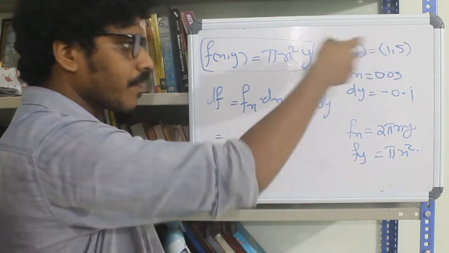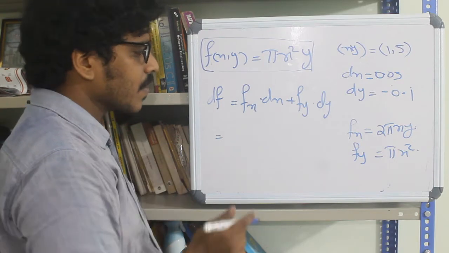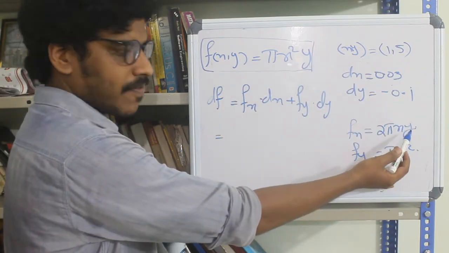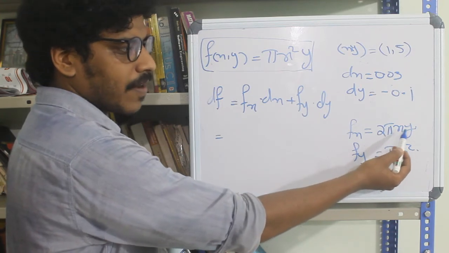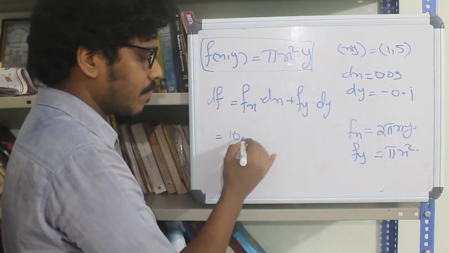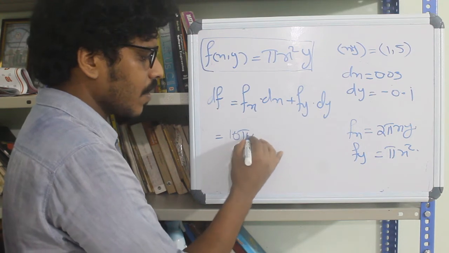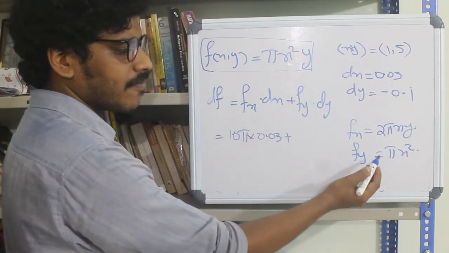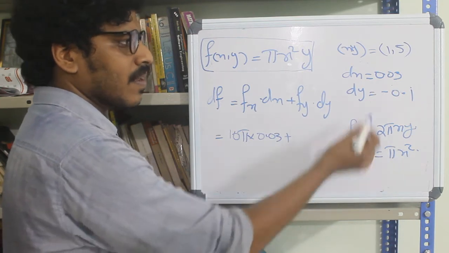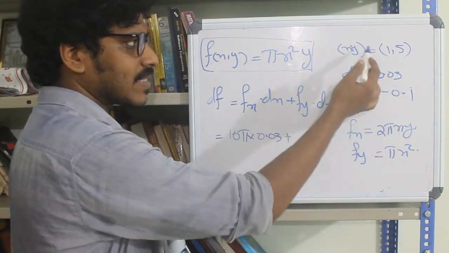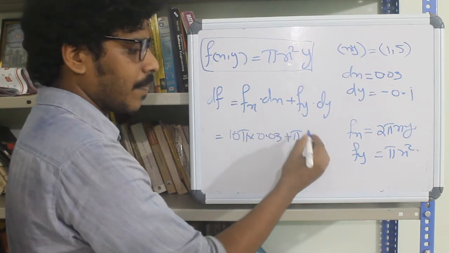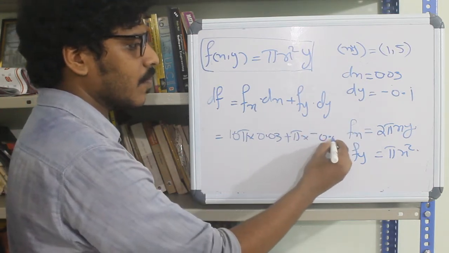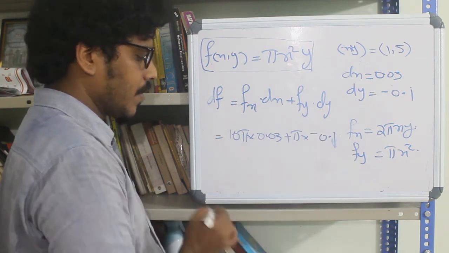So let's plug in these values into our equation. So fx evaluated at (1, 5), so x equal to 1 and y equal to 5. So 2 into pi into 1 into 5, which will be 10 pi, into dx, which is 0.03, plus fy, which is pi x squared. x is 1, so it will be pi into dy, which is negative 0.1.